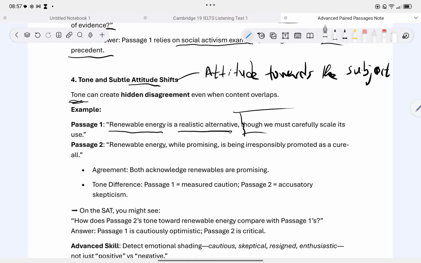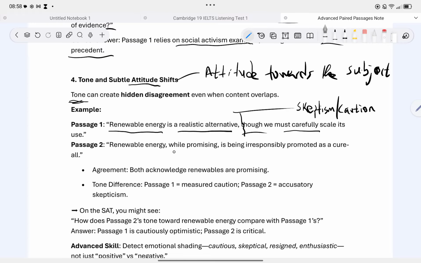Renewable energy is a realistic alternative, which is the person saying yes, it's a good alternative. Though we must, the "though" here suggests skepticism. Skepticism means uncertainty or caution. Let's use the word caution. Skepticism means caution, like being careful. Though we must carefully scale its use. Look at passage 2.